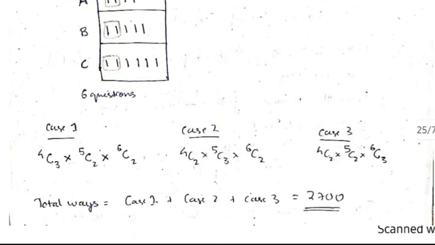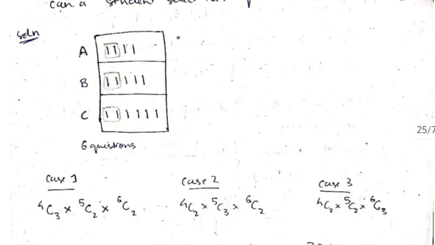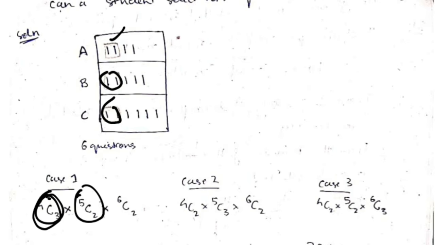So separately we will write the cases. If we choose from A, what will be the case? We are attempting 3 questions from A, 2 from B and 2 from C, okay. So from A you will have 4c3, B you will have 5c2, and C you will have 6c2.